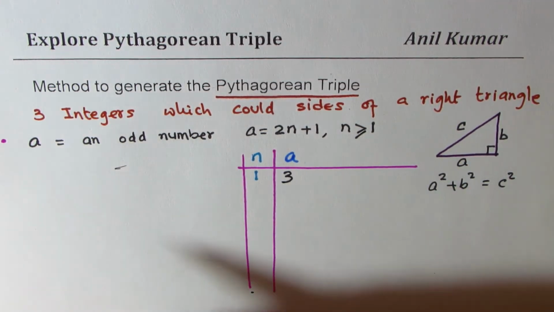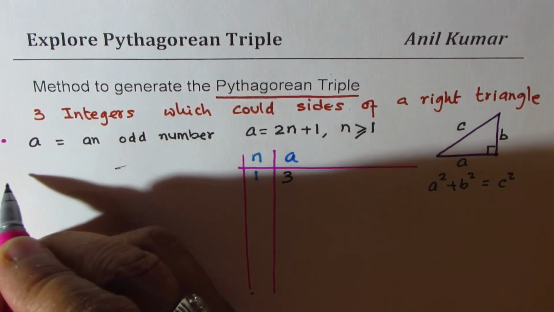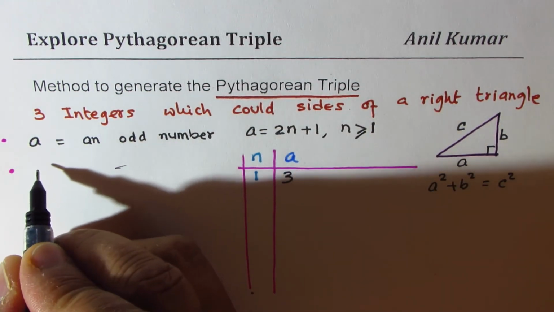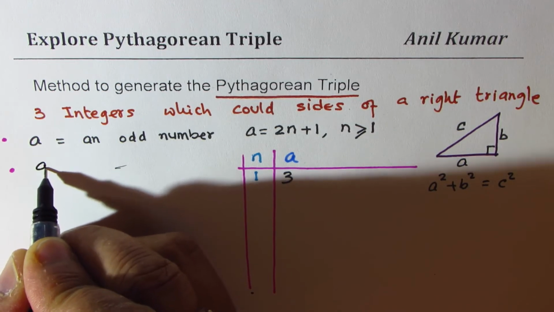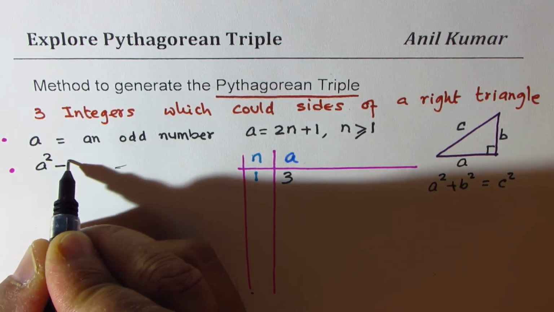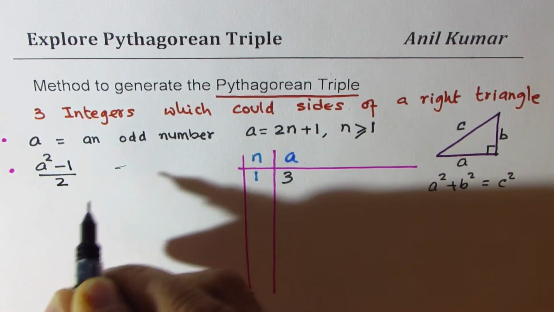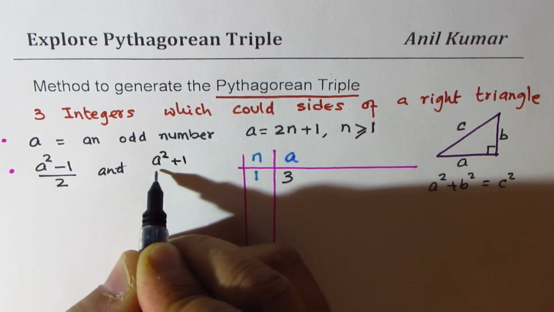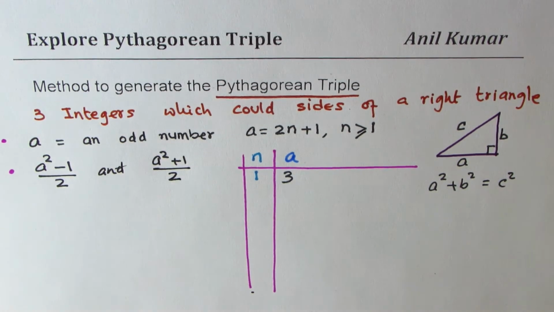So we get a value of A. The next step is to find (A squared minus 1) by 2 and (A squared plus 1) by 2. Okay, so A is 3.